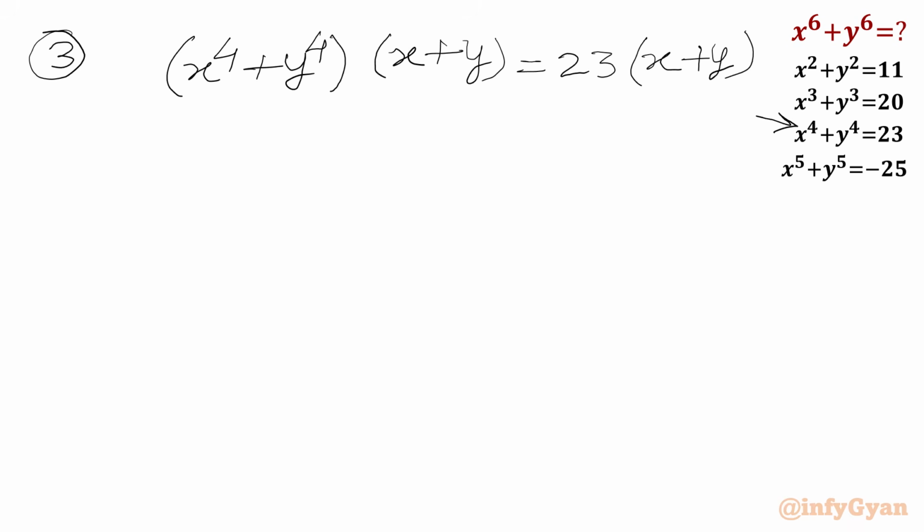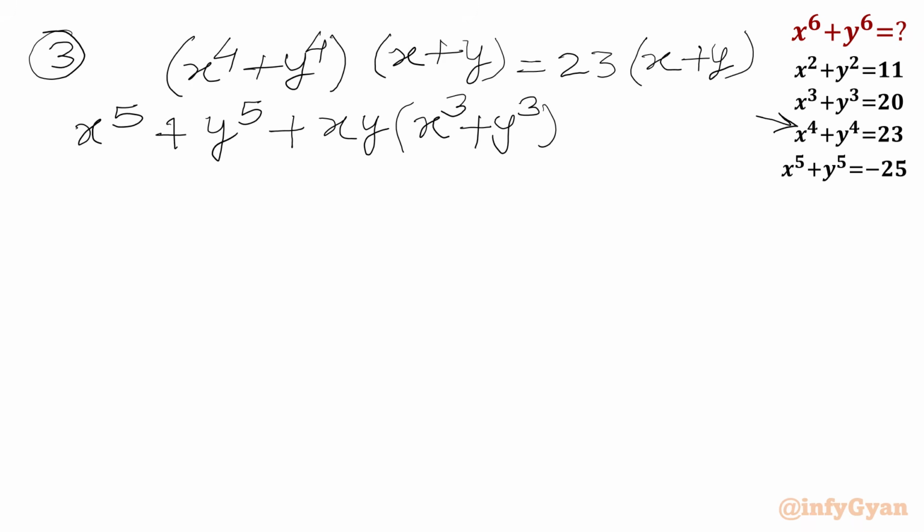Now we have to expand our LHS. x power 4 times x power 5, y power 4 times y power 5. Cross product term will be x power 4 y plus xy power 4. From there we will take xy common. So in the bracket we can write x cube plus y cube. In RHS we have 23 times x plus y.